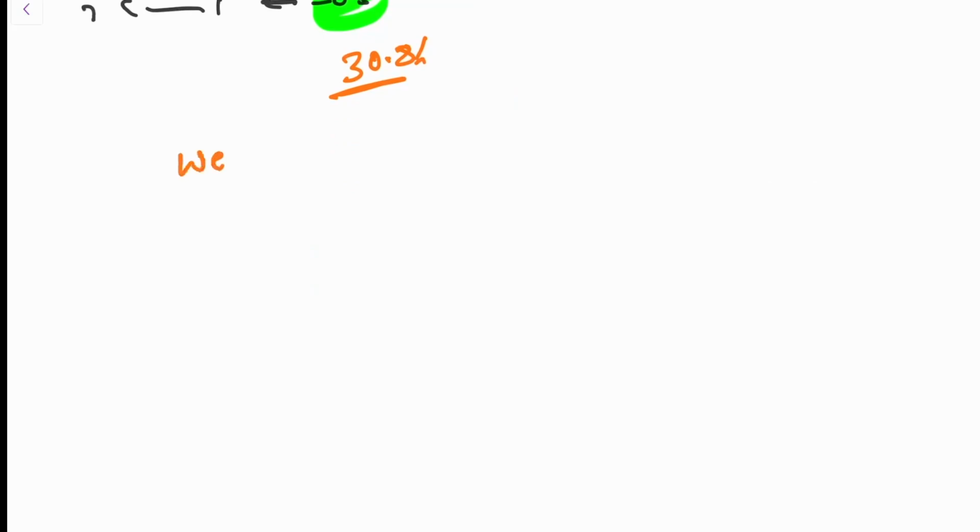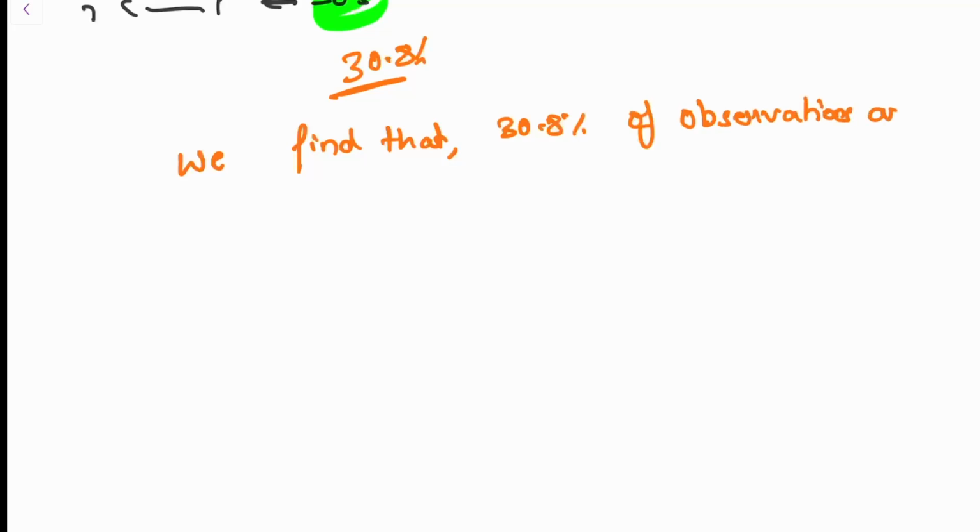We find that 30.8% of observations are at or below negative 0.5 standard deviation.